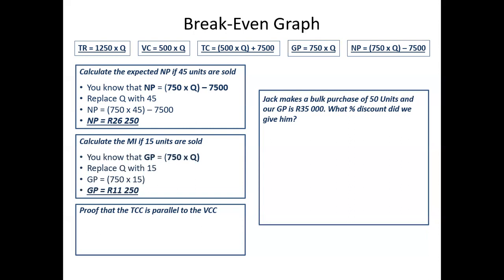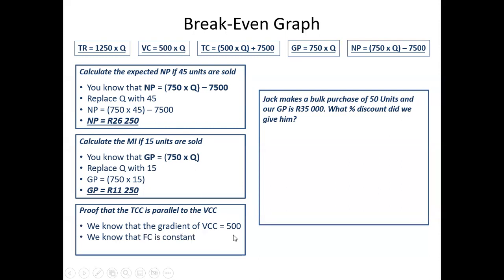Then the next question says, they say we must prove that the total cost curve is parallel to the variable cost curve. Now, what you need to do here is just follow the steps as I'm going to give them to you, because there's a rule involved here, and we assume that you understand the rule. Okay, we know that the gradient of the variable cost curve is 500, because there it's 500Q. So the gradient is 500.